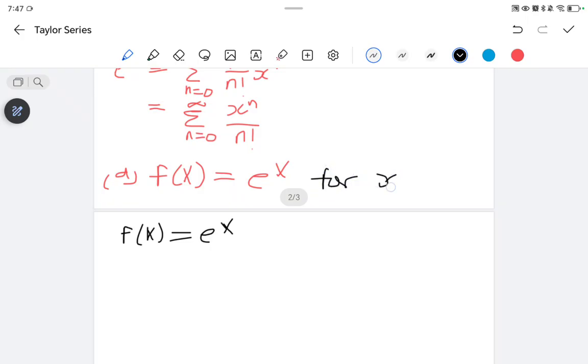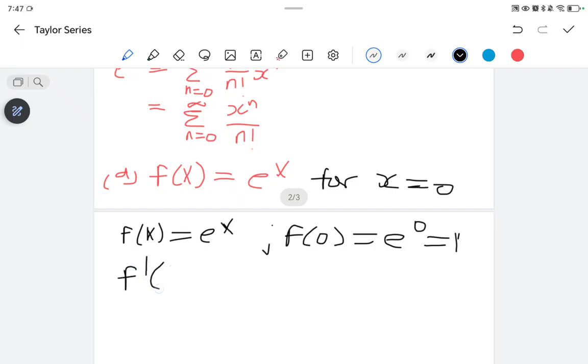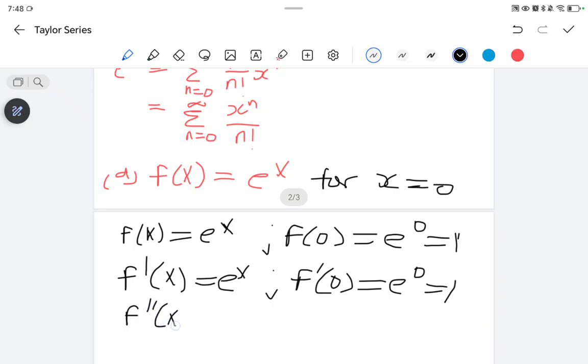So we plug 0 here, which is e to the 0, which is equal to 1, right? Then we derive this now. It remains the same, right? Then we say that f prime of 0 is equal to e to the 0, which is equal to 1. We derive again, it remains the same, which is e to the x, then f double prime of 0 is equal to e to the 0, which is 1.